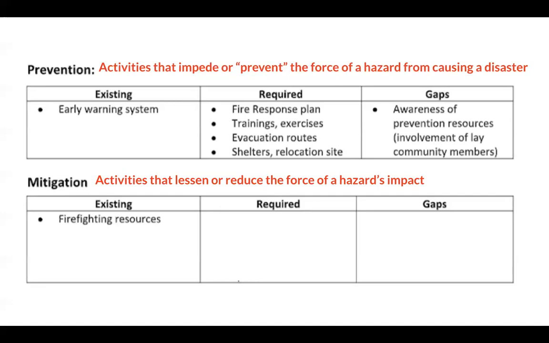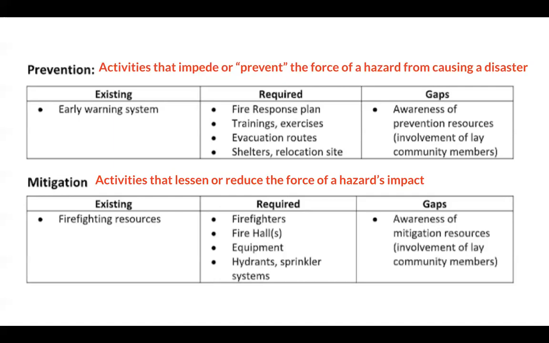Required mitigation activities include additional firefighters, fire departments or halls, equipment, hydrants, and sprinkler systems. We can again attribute a gap in awareness of mitigation resources that needs to be addressed for the community to be more resilient to fire.